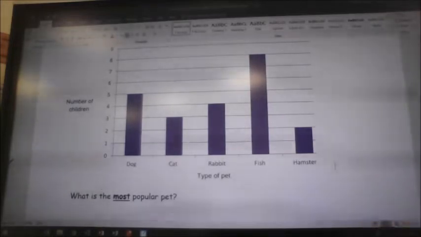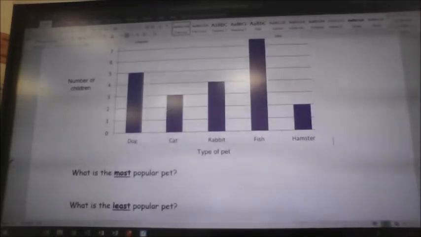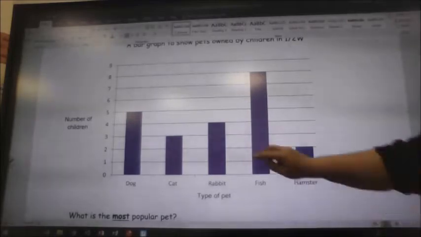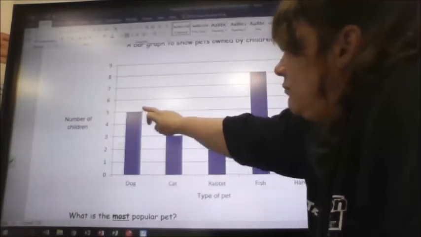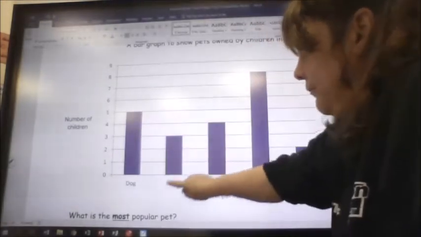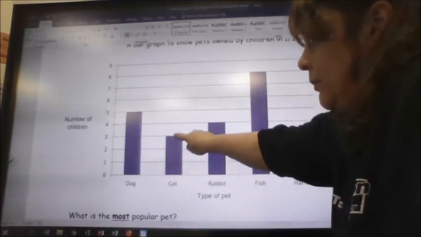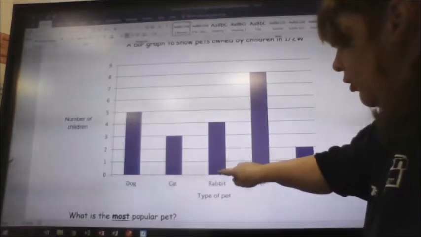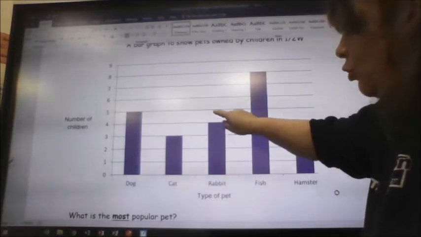And you've got quite a few questions on your little sheet. So, for example, here, what's the most popular pet? Well, if I have a little look at my chart, here I've got 5. Here, because it's going up in ones, I've got 1, 2, 3. Here, 1, 2, 3, 4.